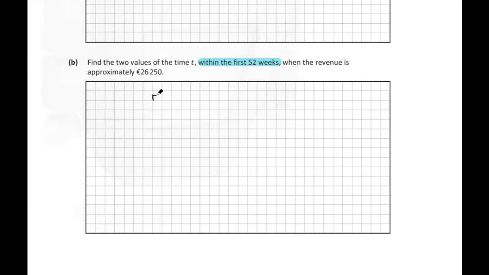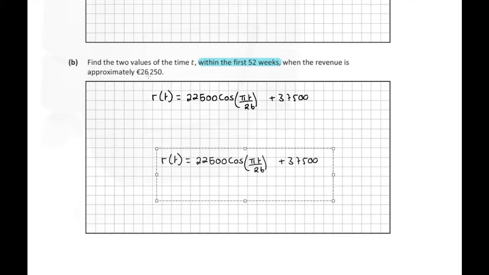So again, our function was R(t) = 22,500 times cos(πt/26) plus 37,500. Now what we know is that we actually know what that works out to be.